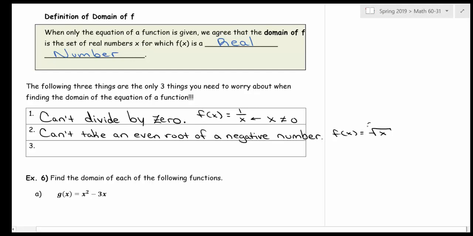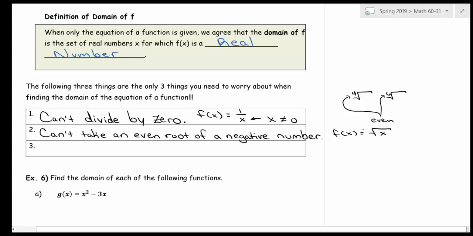You can't have any negative numbers inside of a radical with an even root. Even root means this index is even, right? So sometimes we have something like a 4th root or a 6th root. These are even. When you don't see an index, there's an imaginary 2 for square roots.